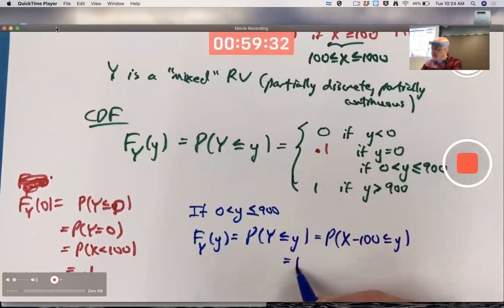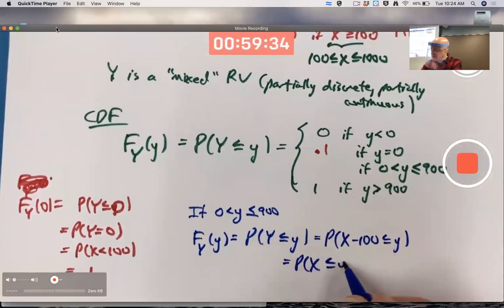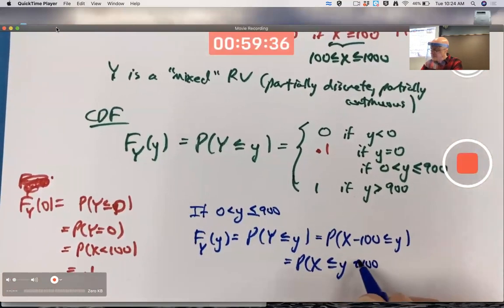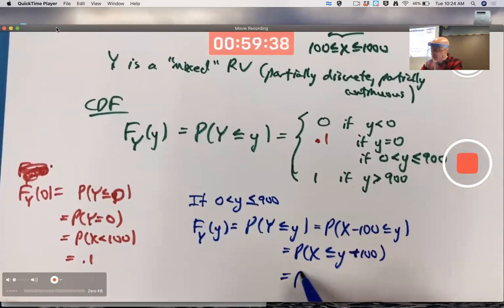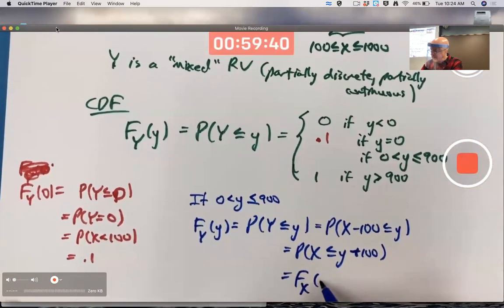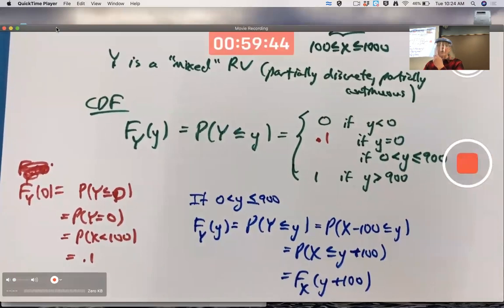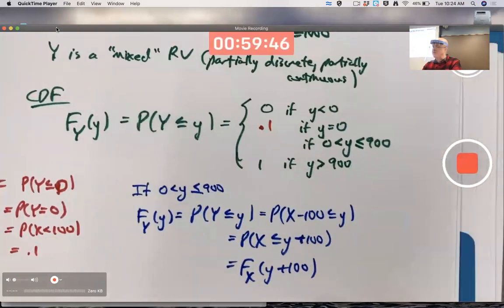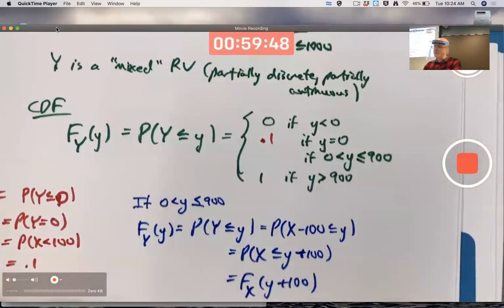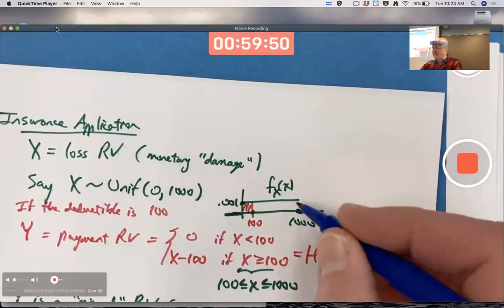Same as the probability that x is less than or equal to y plus 100. So I need the CDF of x, which I haven't written down yet, evaluated at y plus 100. What's the CDF of x? I haven't written its formula down. I have to integrate that function.